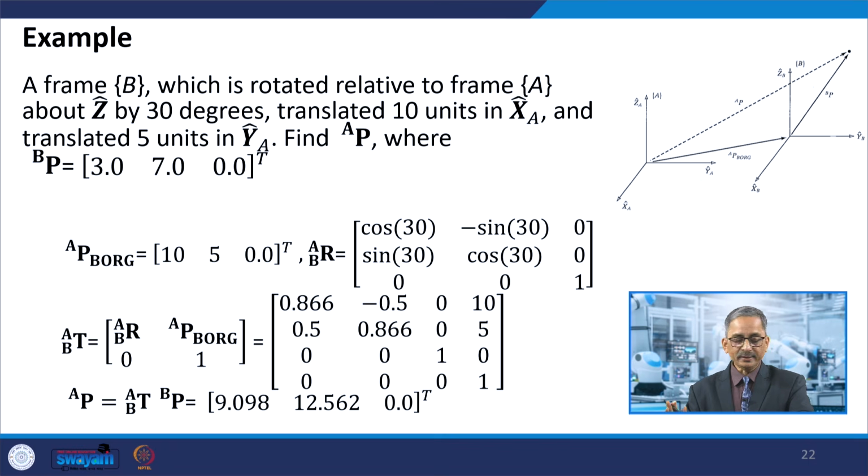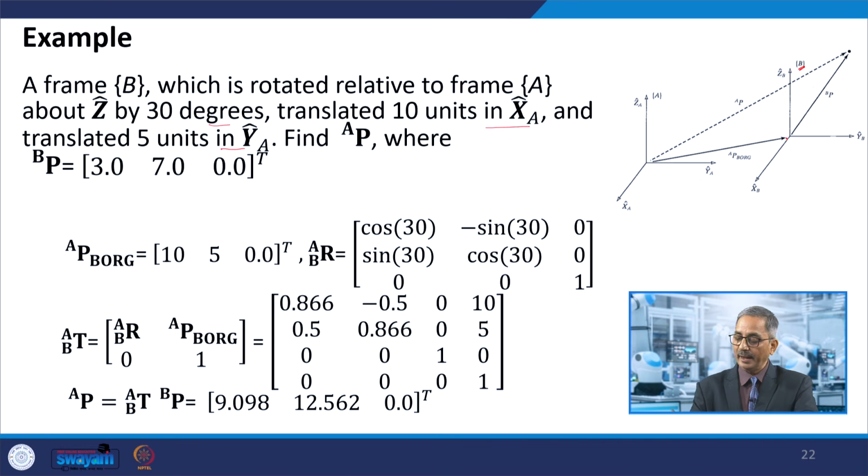In this example, say you have a frame B, the same case which we have seen earlier. And this is rotated with respect to frame A by about Z by 30 degree, and translated 10 units in XA and translated 5 units in YA.